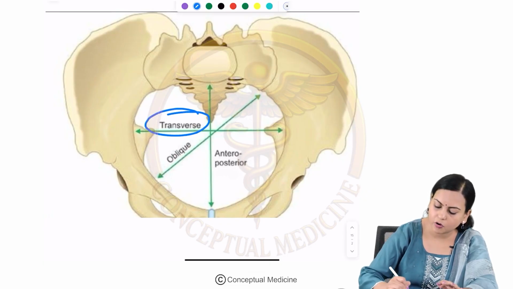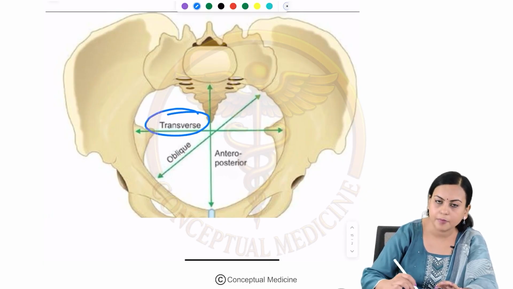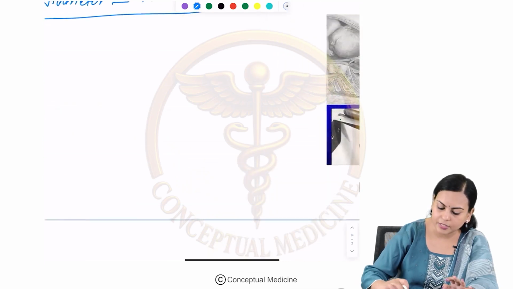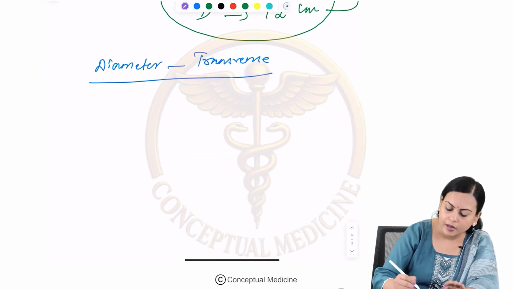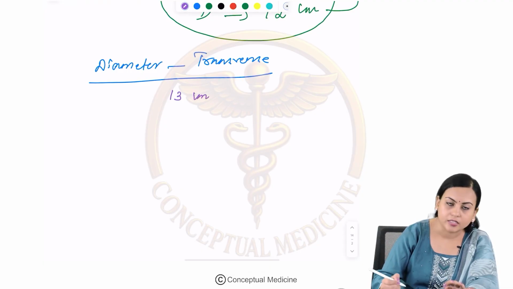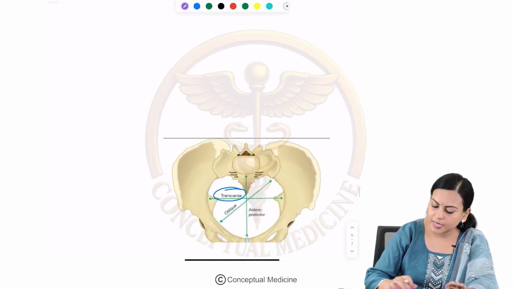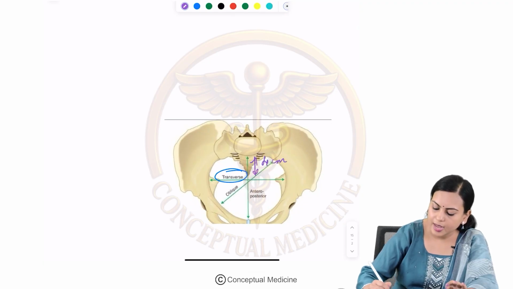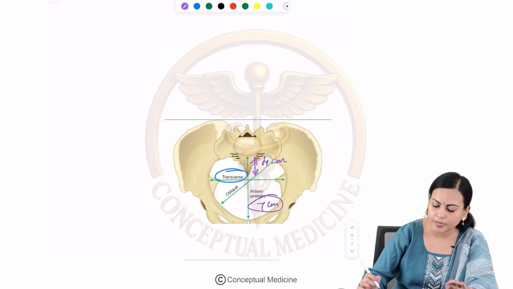It is measured on the most prominent part of the iliopectineal eminence marked on both the sides, and you have to measure the distance between them. So, the transverse diameter of the pelvic inlet measures around 13 centimeter, and it is basically 4 centimeter from the sacral promontory and 7 centimeter from the pubic symphysis.